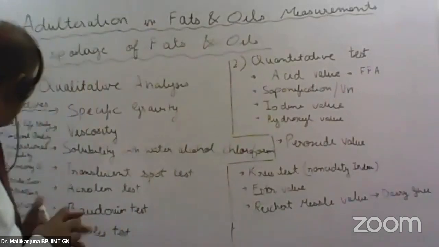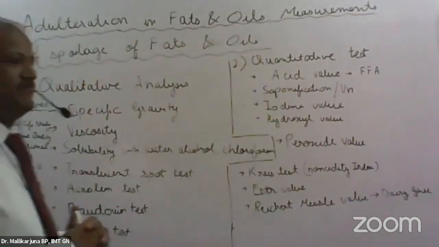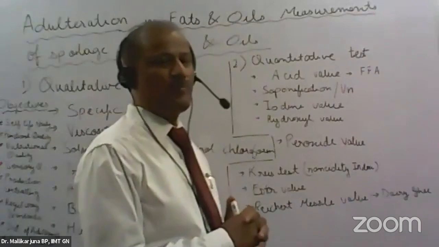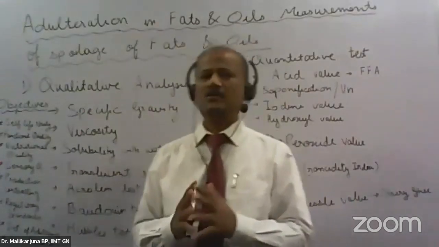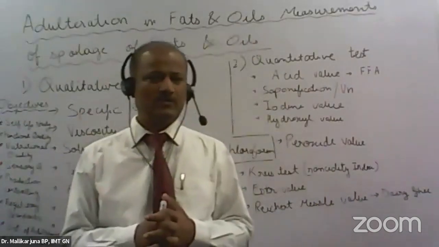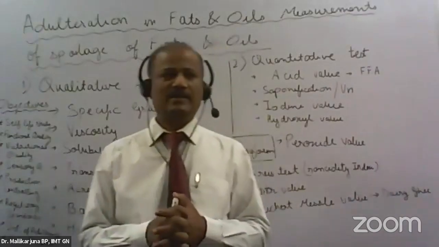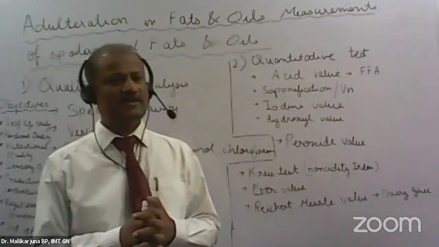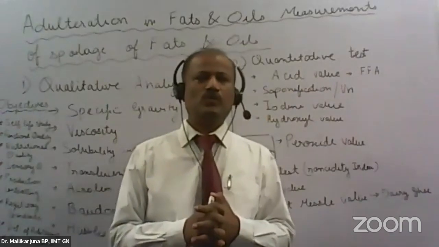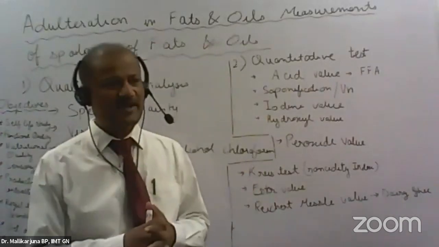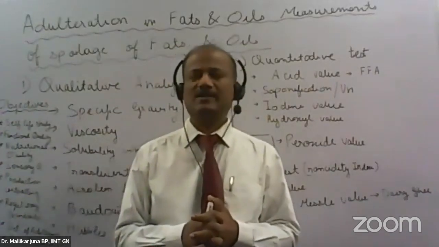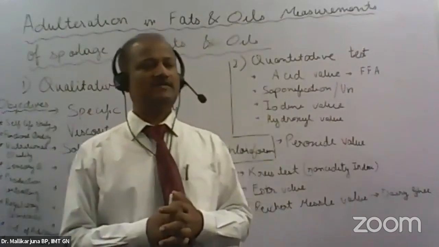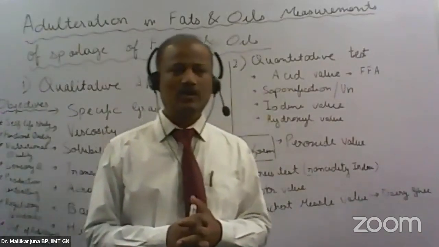The next one is about the sensory quality. Sensory means whether it is volatile or sensible to our sense organs, because each oil and fat has its own physical properties. Based on the senses, we can understand whether the oil or fat is pure or impure.